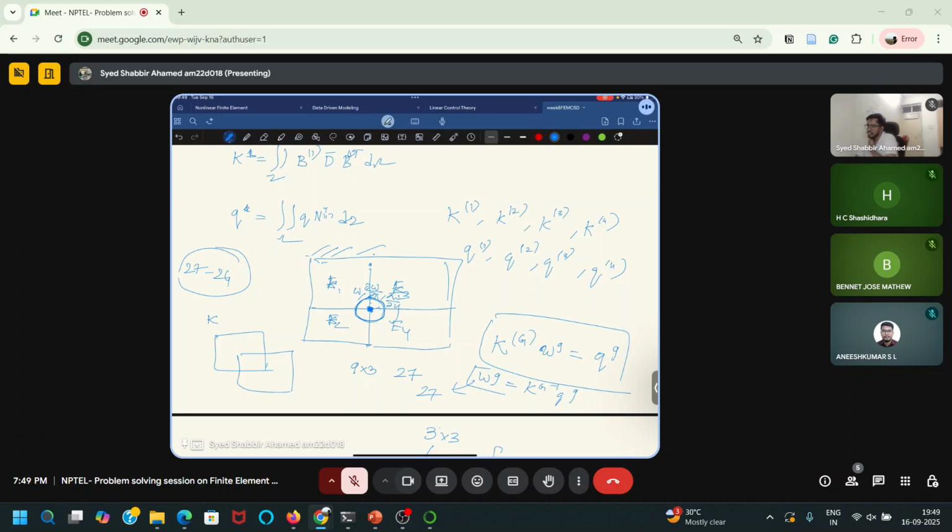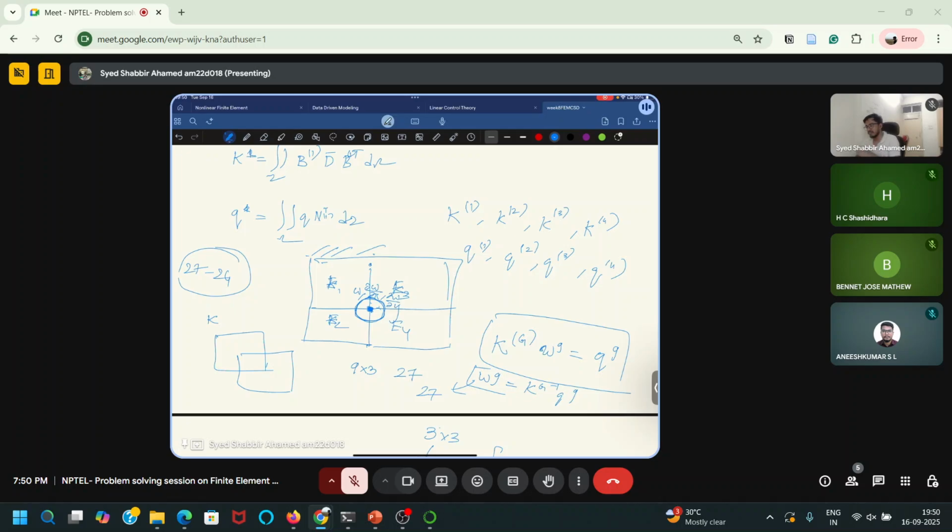Third question is to evaluate the strain components at the midpoint of element one. Okay, so this is something which you have to read and solve. So you have to basically solve the finite element equation, 6 cross 6. Then you get the displacement field from the nodal displacements.